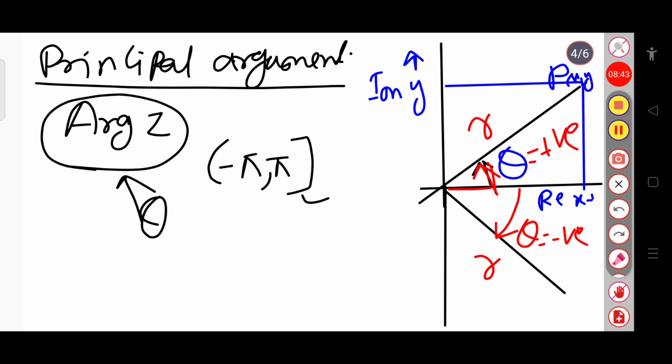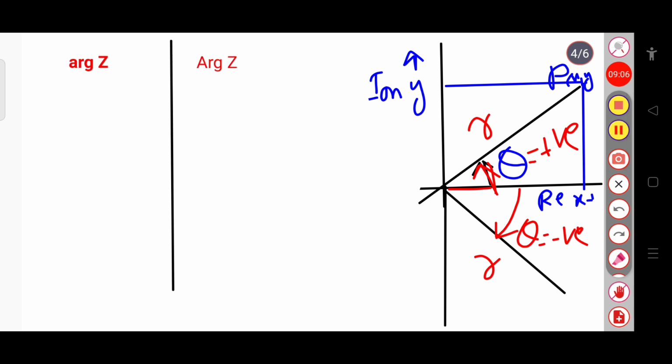So the theta lies between minus pi and plus pi, like this: minus pi less than theta, less than or equal to pi. Clearly, I am telling you the basic difference between the small argument of z and the capital argument of z. The capital argument of z is also known as the principal argument.